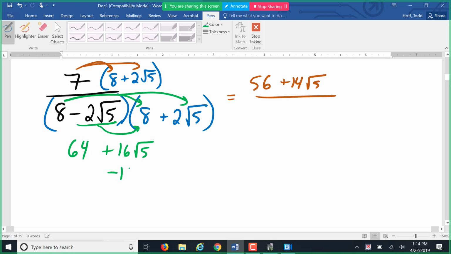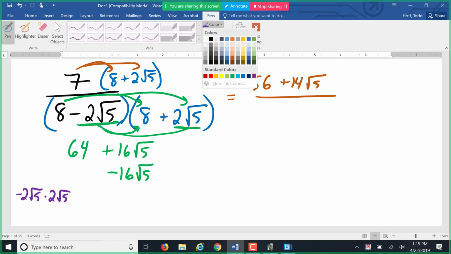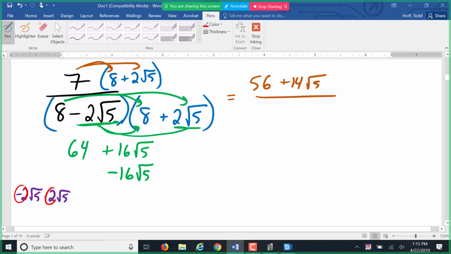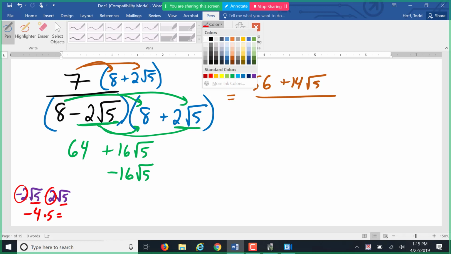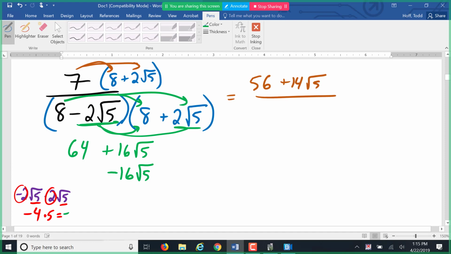Negative 2 times 8 is negative 16, root 5. Negative 2 root 5 times positive 2 root 5. Negative 2 times positive 2 is negative 4. Root 5 times root 5 is 5. Negative 4 times 5 is a negative 20.